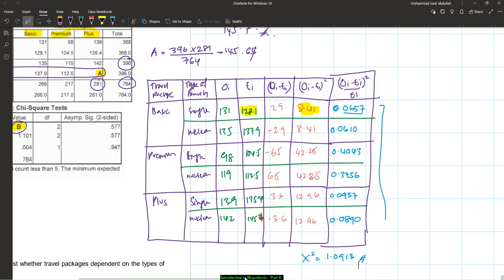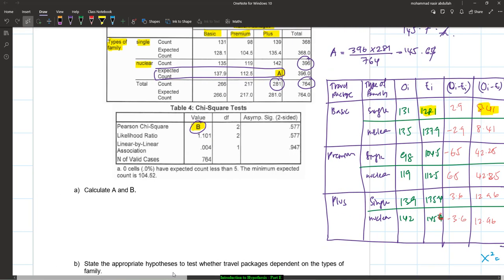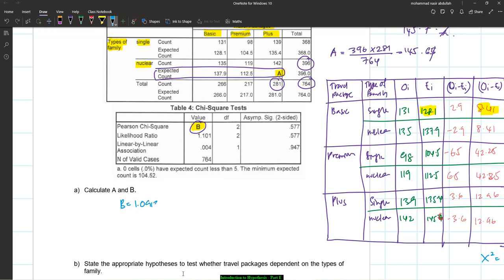So the value of B is 1.0913, A is equal to 1.6 lah, right?